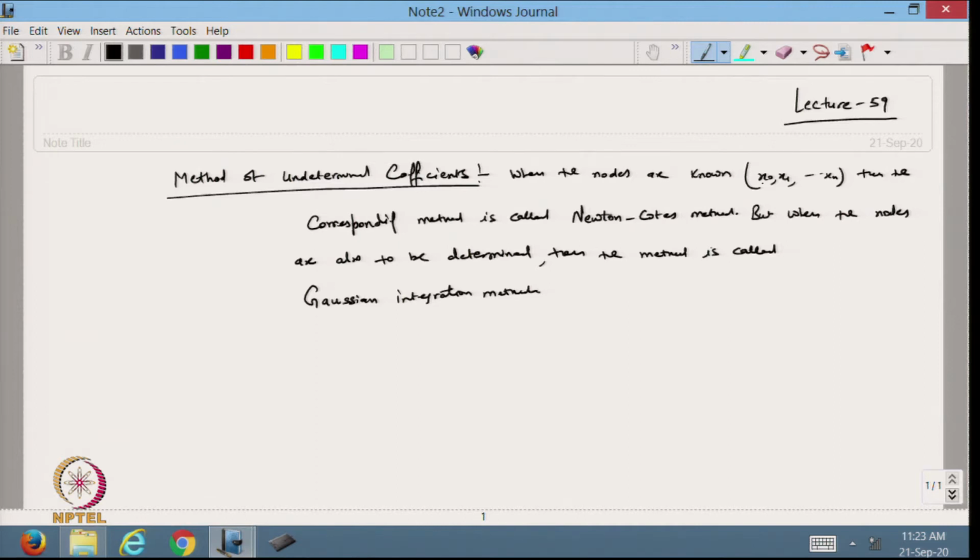So, when the values of these nodes are known to us, we call it the Newton-Cotes methods, otherwise it is called the Gaussian integration methods.